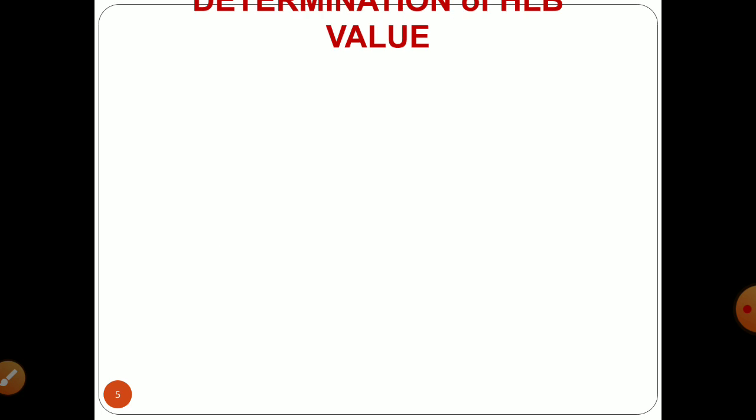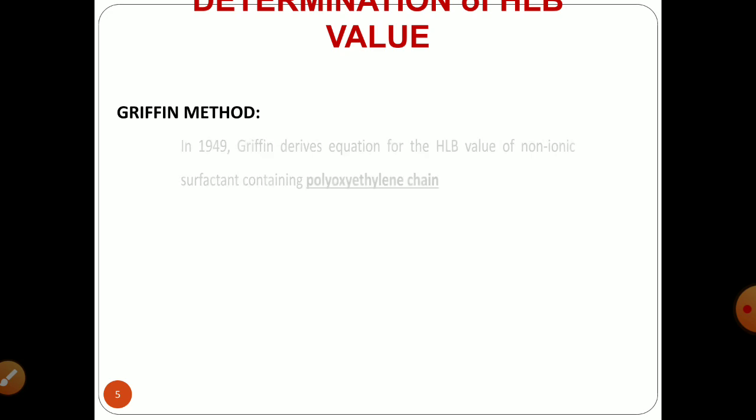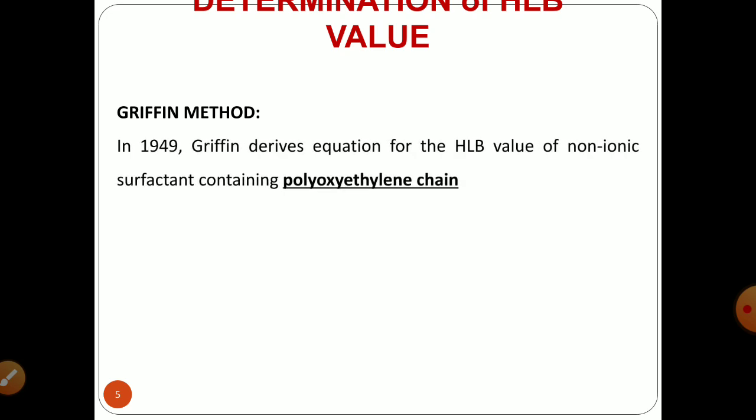Now we will discuss various methods for determination of the HLB value. The first method is by Griffin in 1949, who developed the equation for surfactants containing a polyoxyethylene chain, that is, non-ionic surfactants.